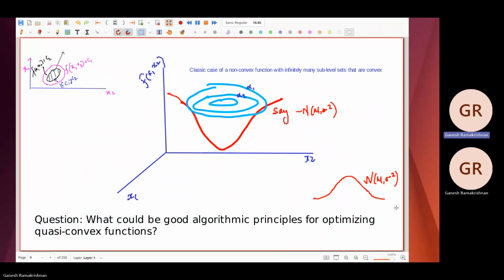Quasi-convexity makes a case for looking beyond first order moments. What is the first order moment? Gradient.